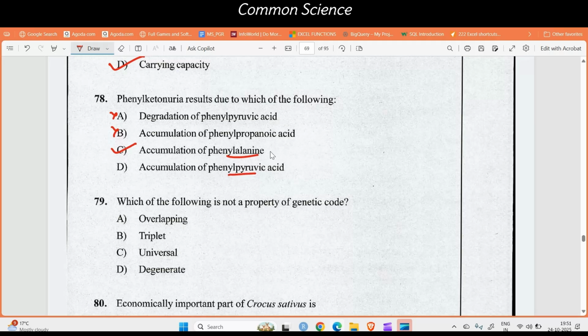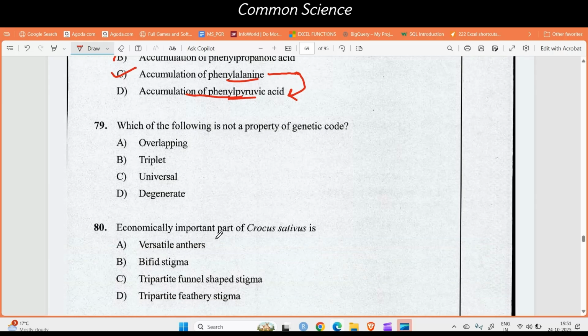Actually, phenylalanine is changed into phenyl pyruvic acid, but I have seen many sources that say phenylketonuria occurs due to accumulation of phenyl pyruvic acid. So you may have chosen D as the option, but the appropriate answer is accumulation of phenylalanine.